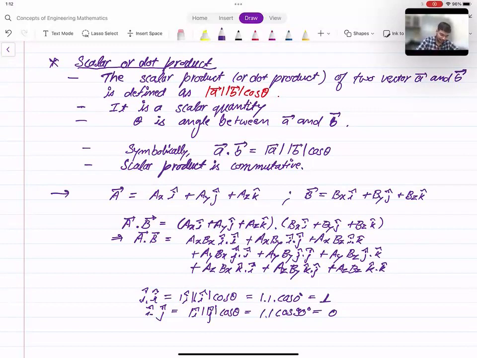Okay, so what it means is that we will have I dot I as 1.